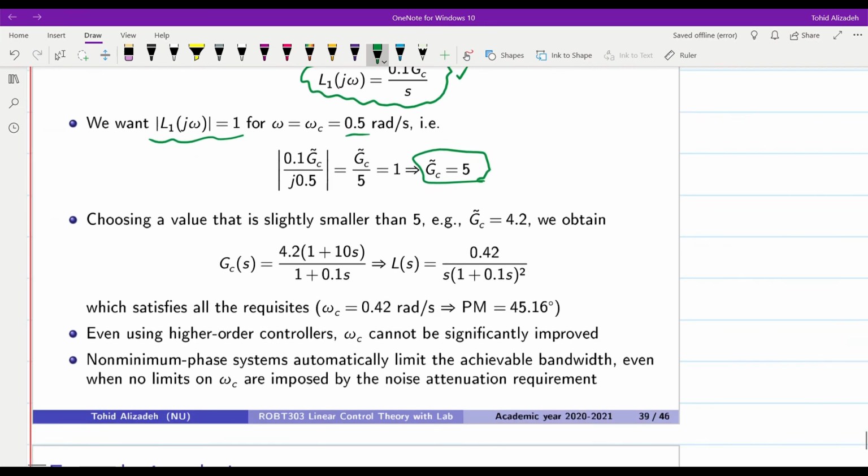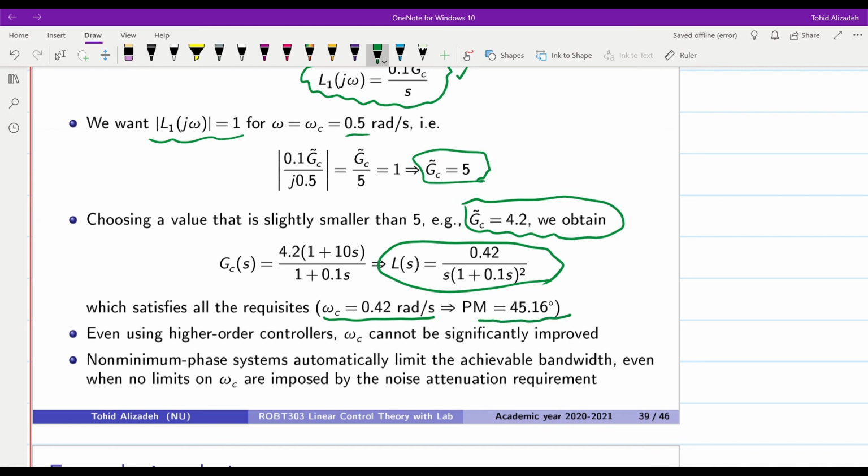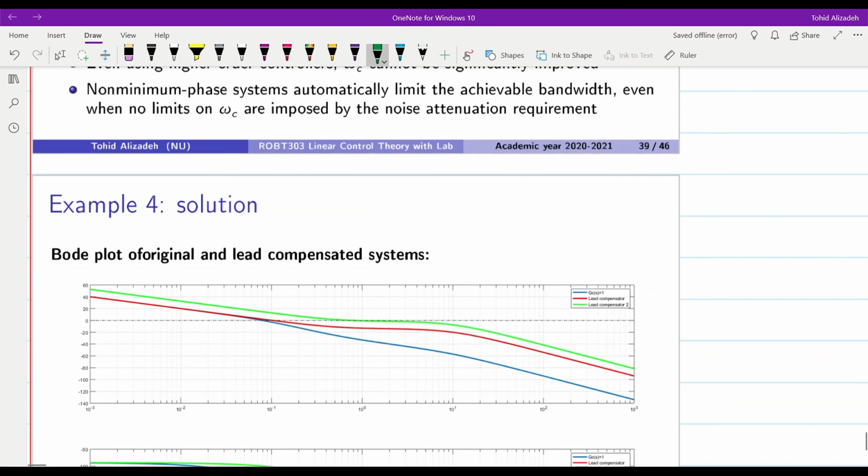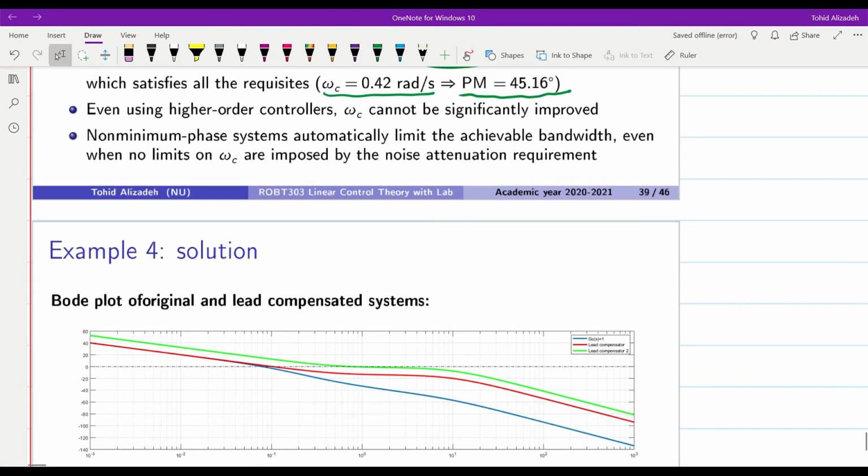So if we pick some value a little bit smaller than this GC tilde, like 4.2, we will obtain the controller in the form of 4.2 times 1 plus 10s over 1 plus 0.1s, which gives us this transfer function for L of s. And with that, we will have the crossover frequency equal to 0.42, and the phase margin will be 45.16 degrees. This is the final controller that we could obtain.